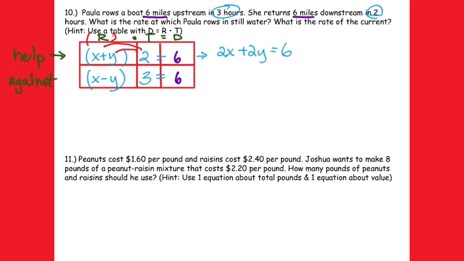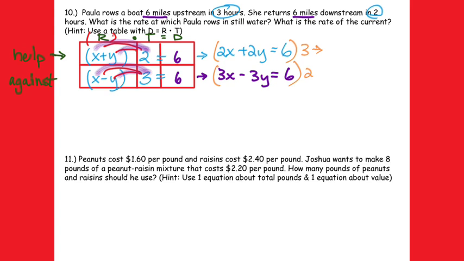We distribute the 2 to the x and the y. And again, down below, we distribute the 3 to the x and the y. Now you have your two equations and you can solve using elimination. The fun thing about all of these rate problems is you always eliminate the y value because it's already opposites. One's positive, one's negative.